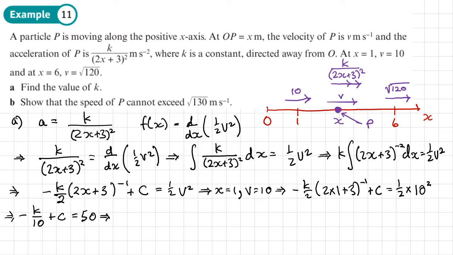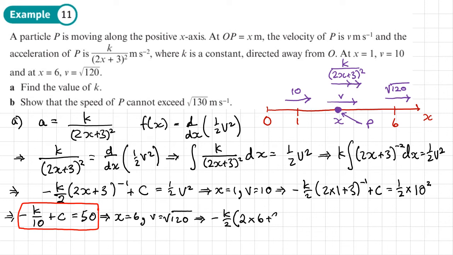Let's just put a circle around that. You can see the 2 unknowns. So now I substitute in the other 2 values that I've been given, which are the 6 and the root 120. So x equals 6, v equals the square root of 120. So now we're going to get -k/2, and then it's going to be (2 times x, 6, plus 3) to the power -1, plus c, is equal to half times the square root of 120 squared.